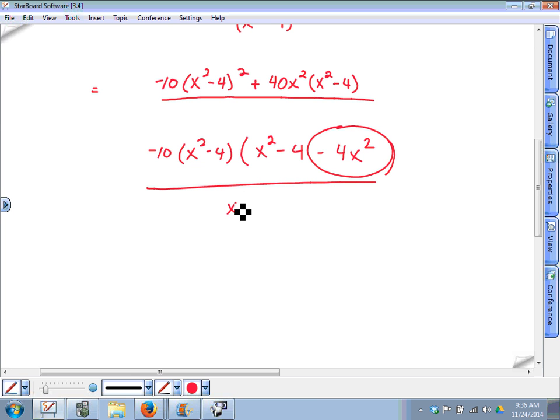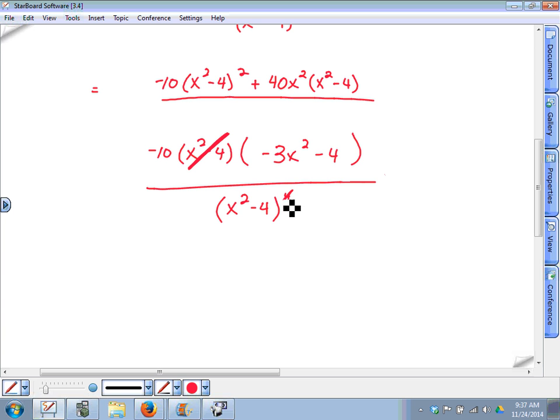And this is all over x squared minus 4 to the 4th. Now, x squared minus 4 minus 4x squared, that's negative 3x squared minus 4. X squared minus 4 crosses out with one of those.